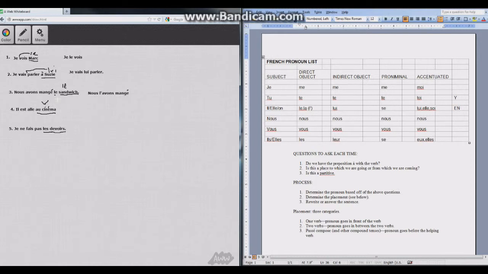And I put this one in here because it's an exception. No, I'm sorry, I'm not going to do that exception. This is not an exception. Let me back up. What is my placement? I'm in the passé composé. He went to the movies. Alright, so it's going to come before the helping verb. So I know it's going to come right here. Let me see if I can rewrite this before my time runs out.